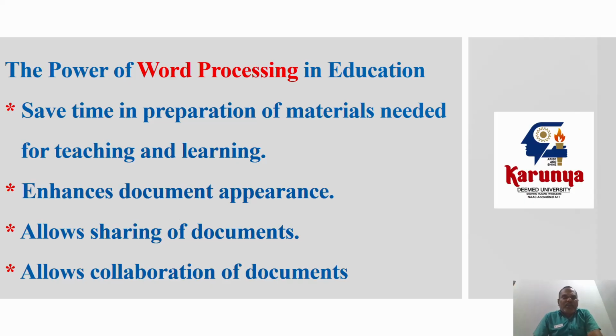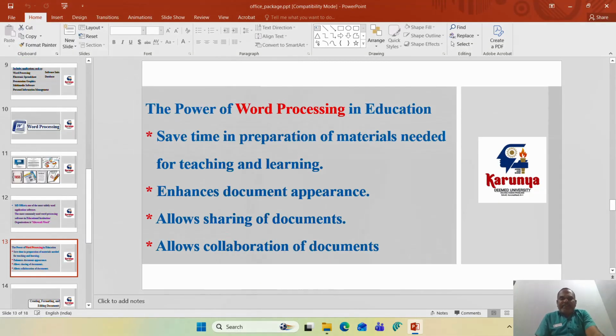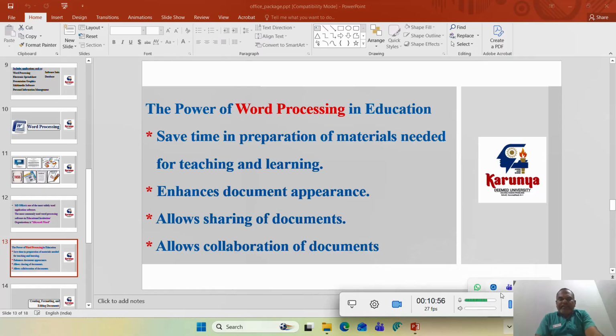Then we can collaborate on documents with someone else. That is very important in the education field, how the document is used with everyone. So these are all the important things when we are using word processing. That's why it is called productivity software.